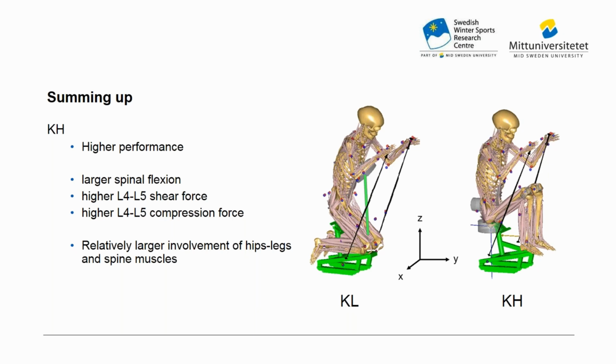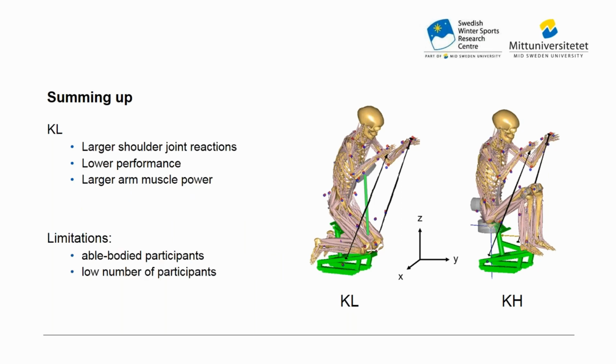And the KH position also had larger involvement of hips, legs, and spine muscles. Over to the KL position then, the knees low, had larger shoulder joint reactions and lower performance, larger arm muscle power. I want to mention some limitations of this design.